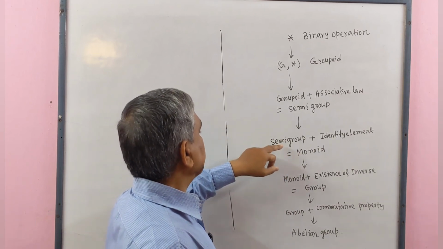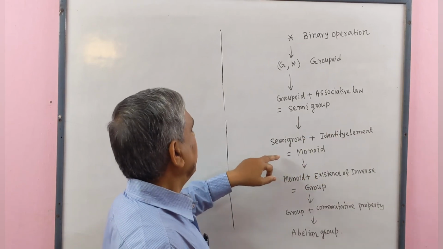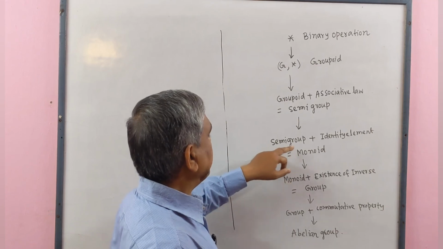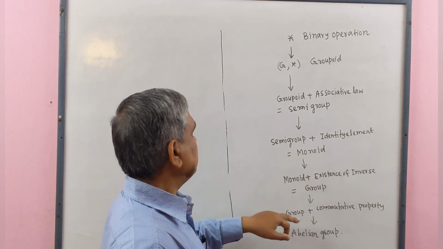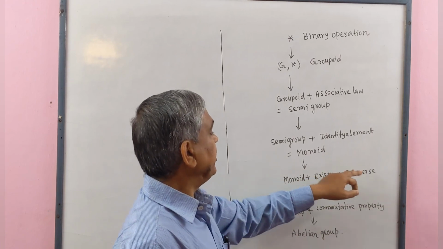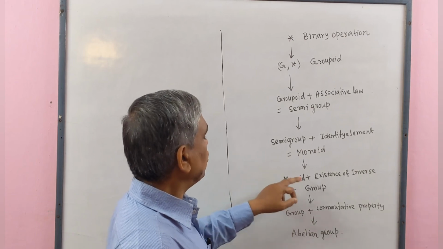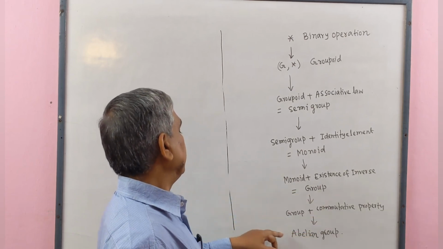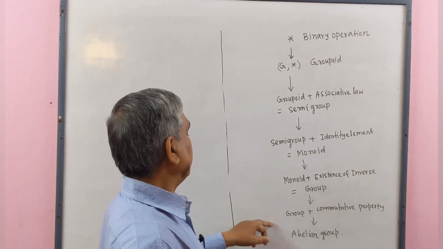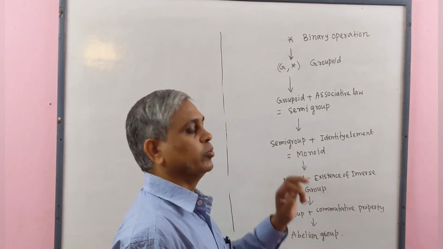Then semigroup plus identity element makes a new algebraic structure that is monoid. Then monoid plus existence of inverse makes a new algebraic structure that is group. Then group plus commutative property gives a new algebraic structure, that is abelian group.